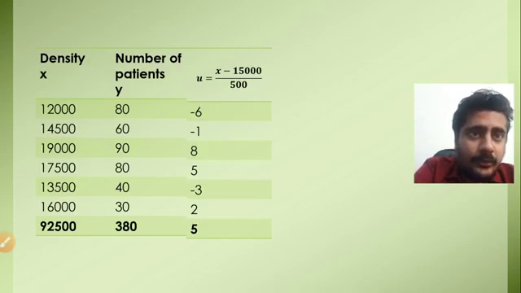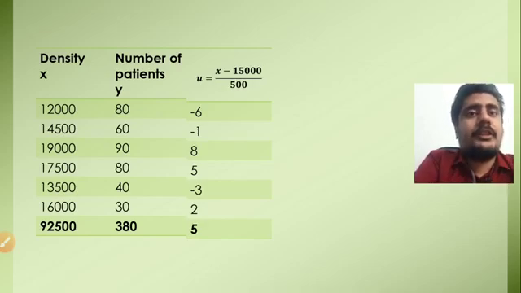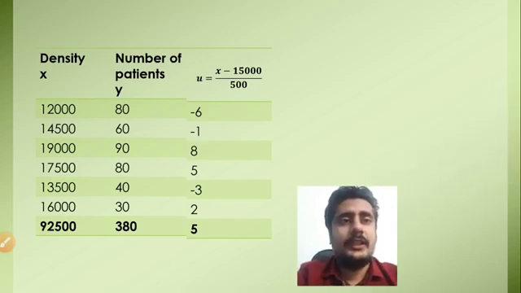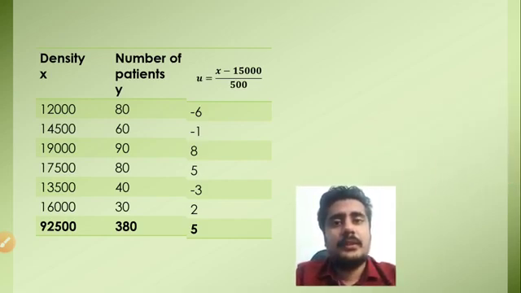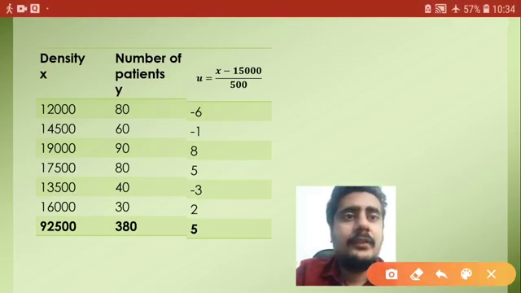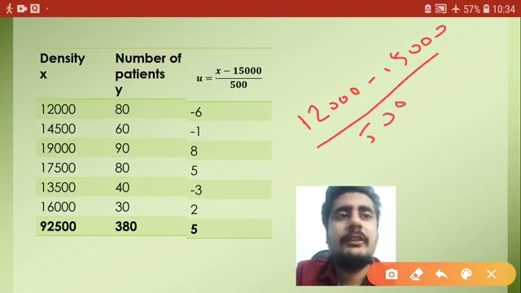You have subtracted 15,000 from 12,000, and divided by 500.